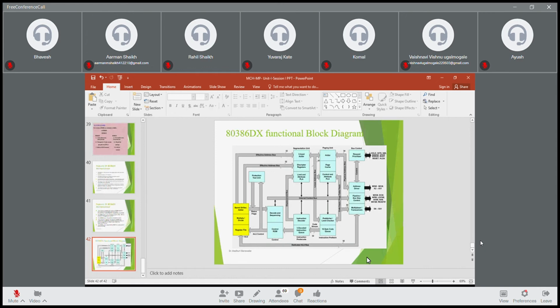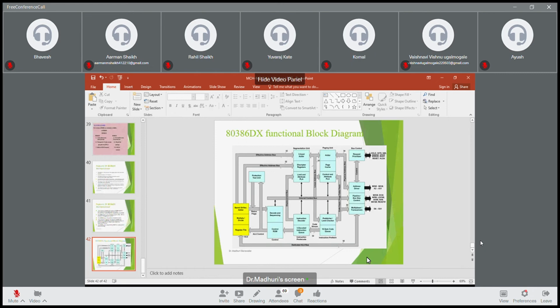That is the bus interface unit. Now next is the prefetch queue. Now the arithmetic logic unit of the processor performs the execution of the instruction at a high speed as compared to the fetch instruction.